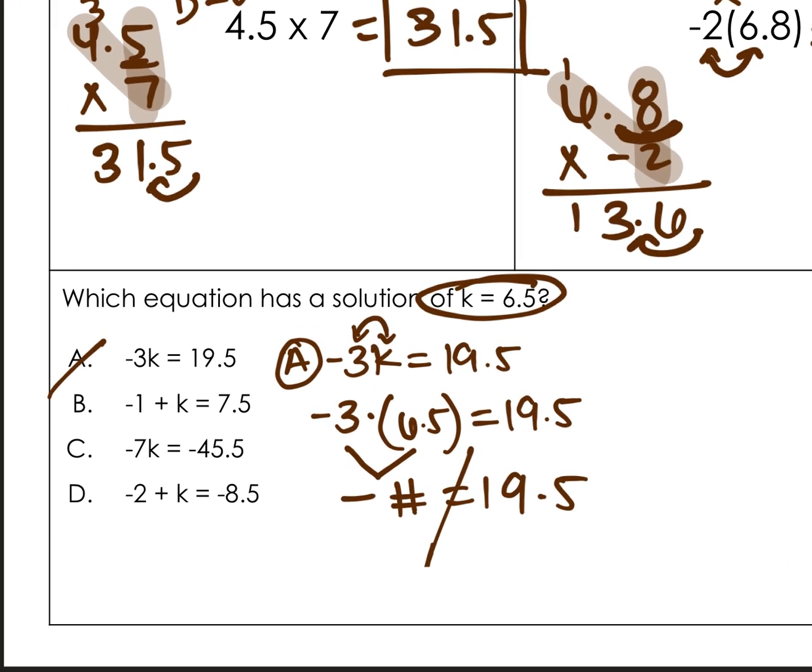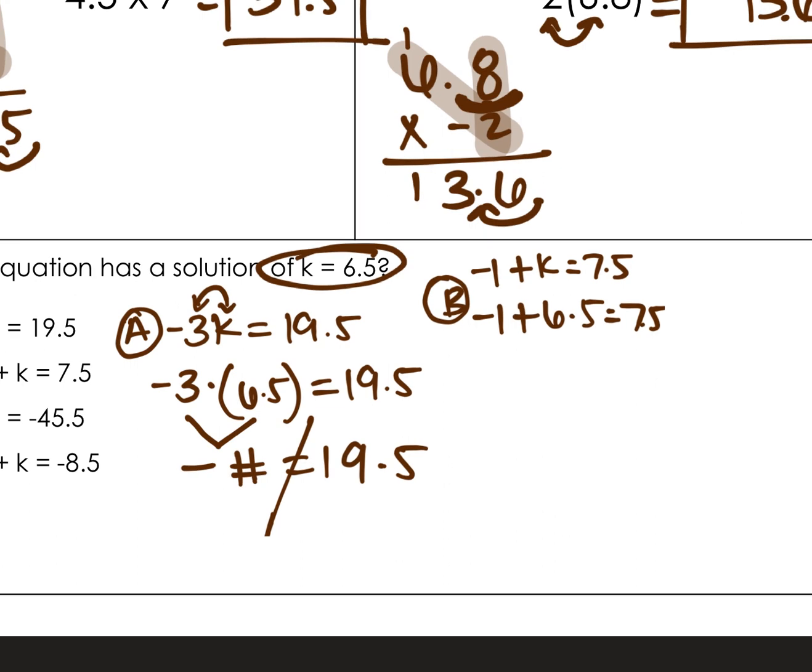So let's look at B. B says -1 plus k equals 7.5. So in other words, -1 plus 6.5 should equal 7.5 is what we're saying. Okay, when I have the same signs, I can go ahead and add and keep the sign of the one that has more.